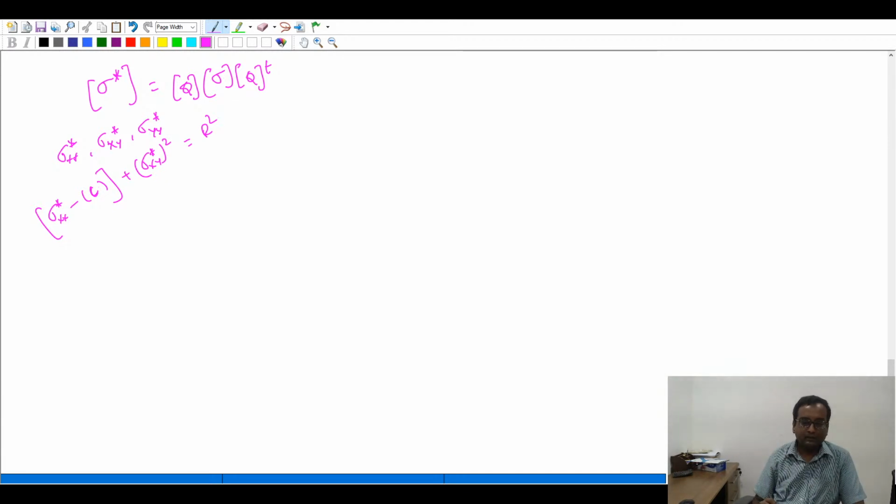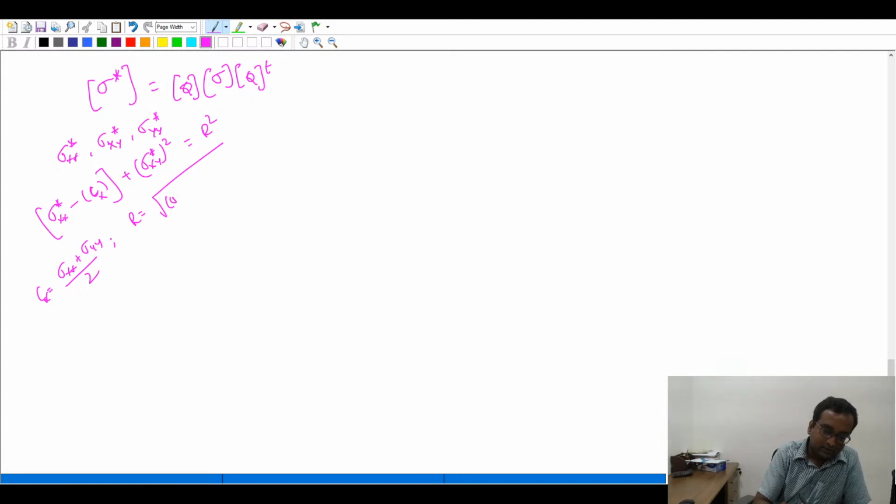Okay, where c of x and r were dependent upon: c of x was sigma xx plus sigma yy by 2, and r was square root of sigma xx minus sigma yy by 2 whole square plus sigma xy whole square, right? So now what we did was we plotted this equation, which is the equation of a circle.